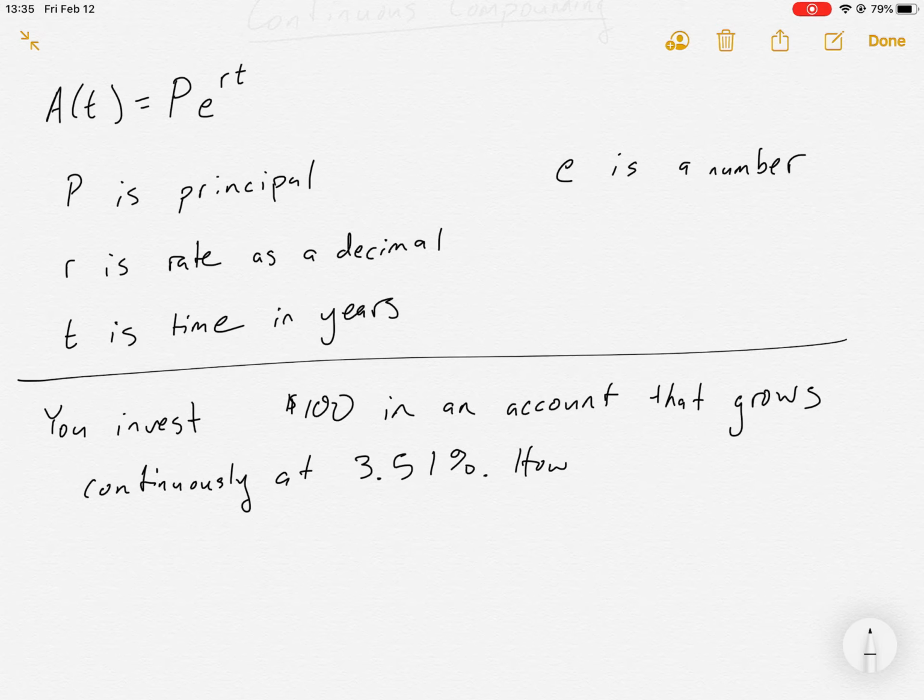How much money do you have after, let's just go with, 17 years?